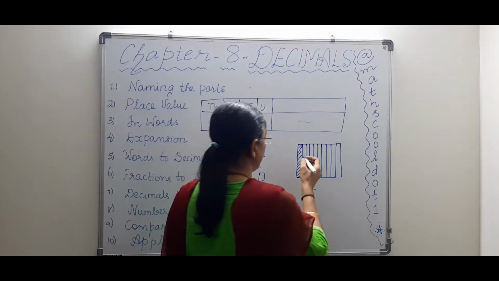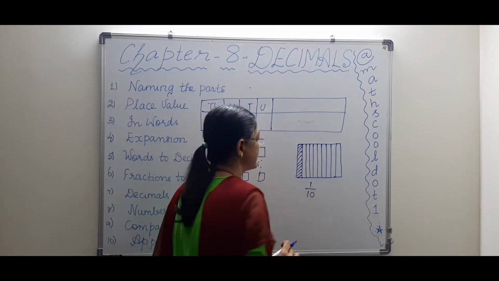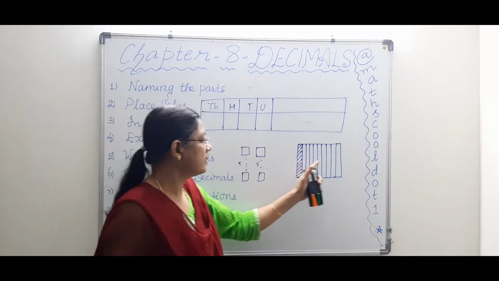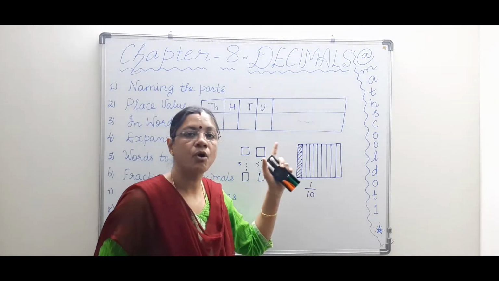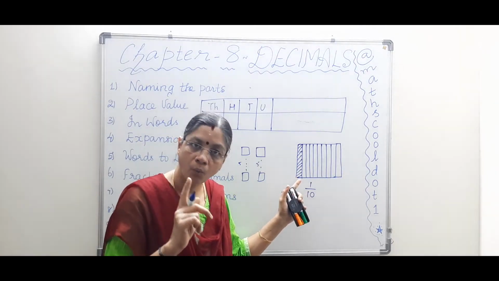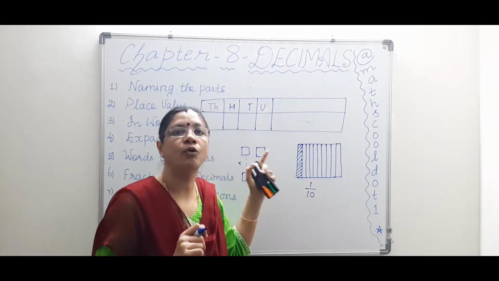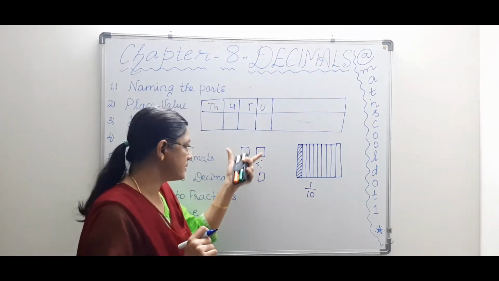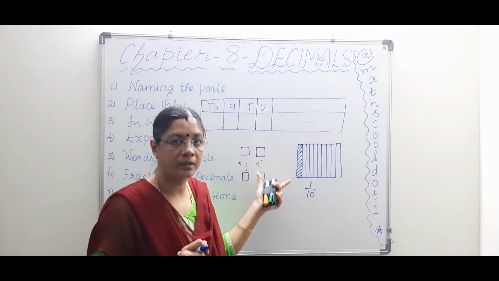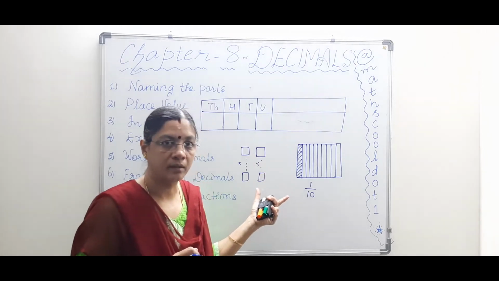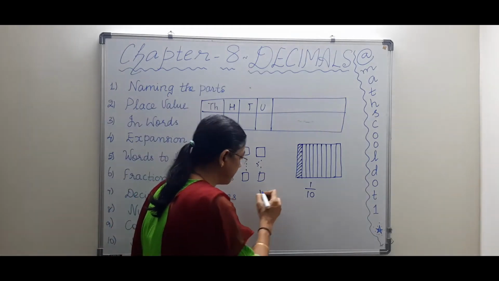Now how do I represent this as a decimal number? See, there are 10 equal parts, out of which I have shaded only one part. So this is the decimal part of the number. These are all whole number parts. See, I have drawn 10 squares here, so 10 is the whole number part.